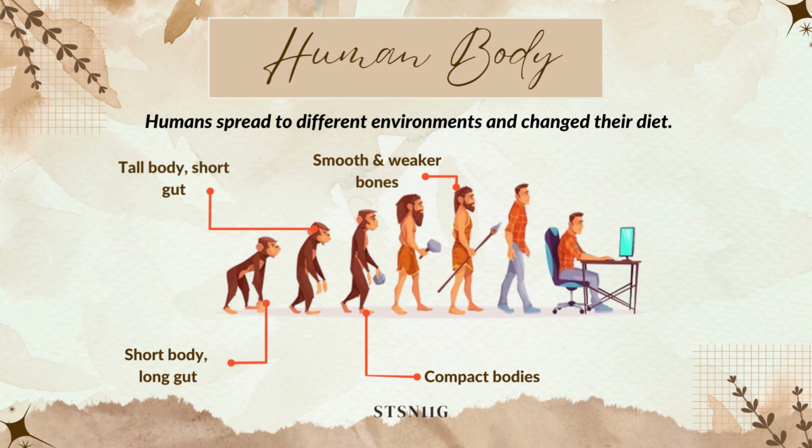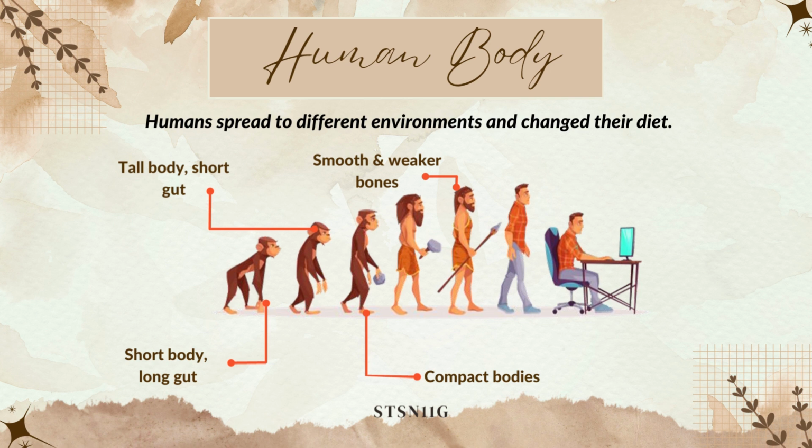And we have a tall body that includes long legs because this time we're also able to travel longer distances because we're able to digest food easily. The tendency is we have more energy available for this tall body, and at the same time for our brains to, of course, get bigger than the previous one.